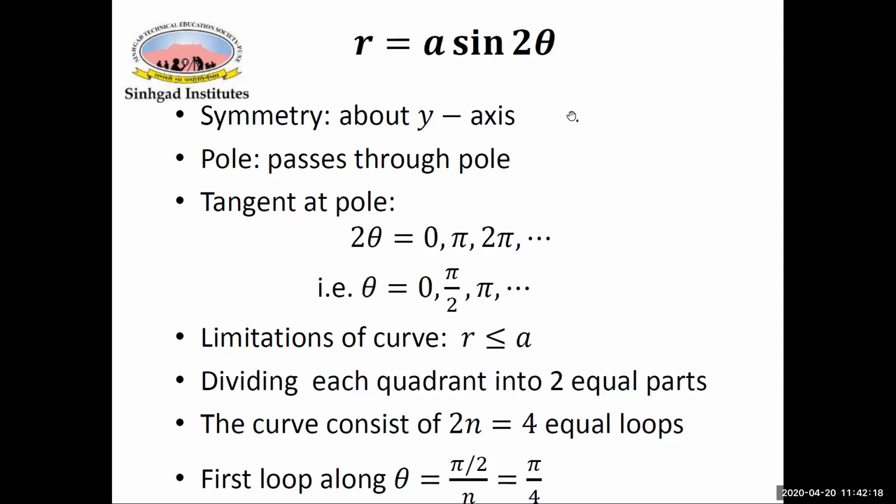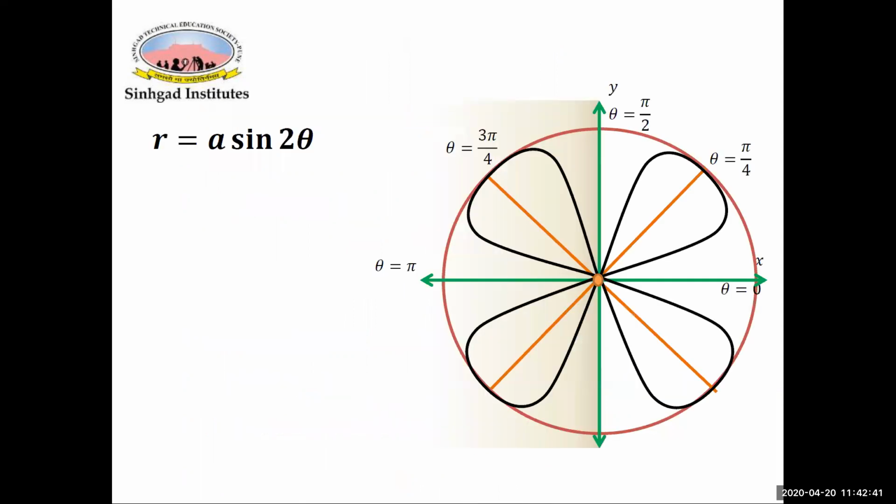So what are the points? It is symmetric about y-axis, passes through the pole. Then most importantly, what you have to remember, divide each quadrant into 2 equal parts. The curve will have 4 loops and the first loop will be along the line theta is equal to pi by 4. Now we'll see how to draw this curve.